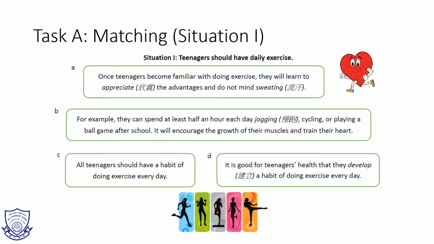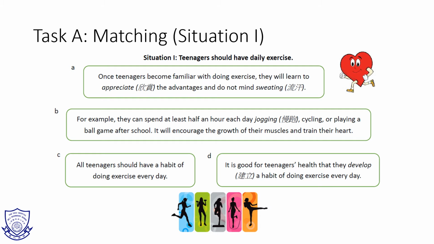Sentence A. Once teenagers become familiar with doing exercise, they will learn to appreciate the advantages and do not mind sweating. Sentence B. For example, they can spend at least half an hour each day jogging, cycling, or playing a board game after school.